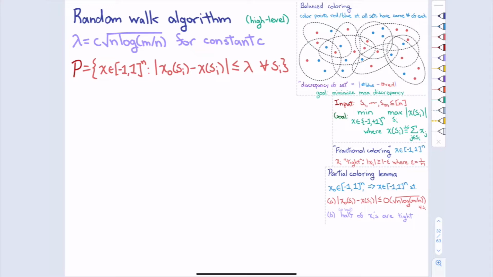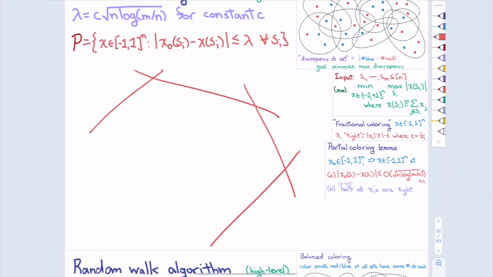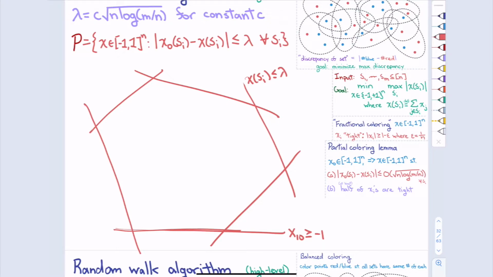So you have this polytope P that, in some high dimensional space, is made of a bunch of these straight lines. Some of these come from, like, x10 needs to be at least -1, and another one says xsi needs to be at most lambda, where xsi again is summing x over si. So you get this very high dimensional polytope. This is not really a representative picture because it should really be high dimensional and very complicated.